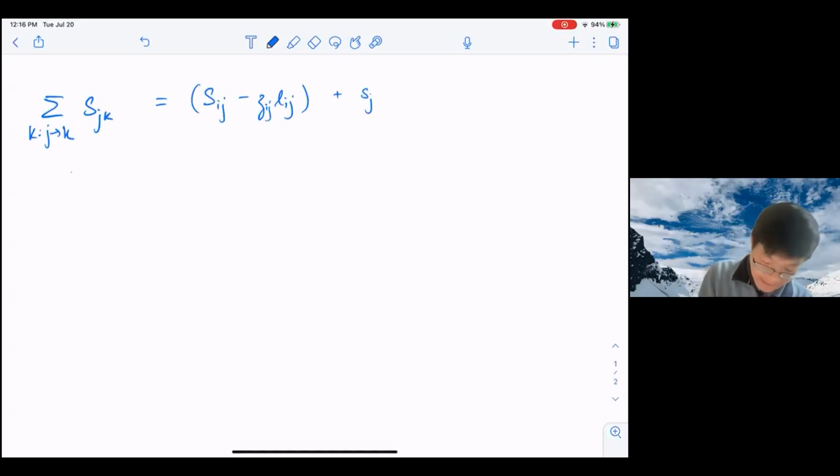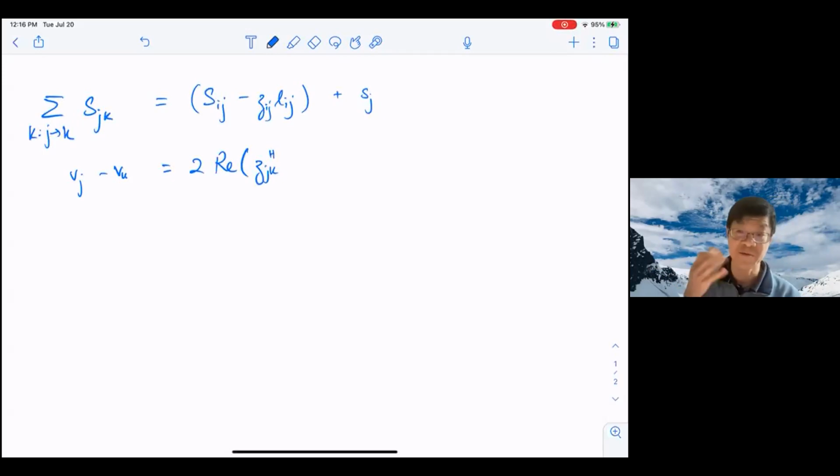Okay, and then there's Vj minus Vk times the conjugate of Zjk. So this is a series impedance. I'm ignoring the superscript s because we ignore shunt elements. So all the impedances and admittances are series impedances and admittances.